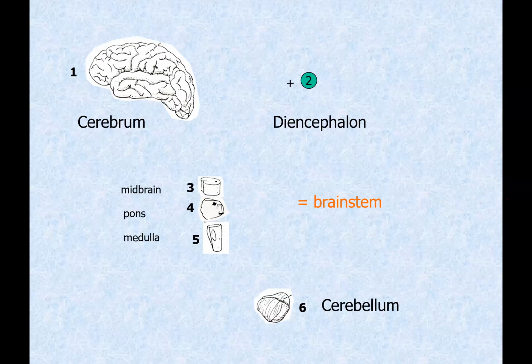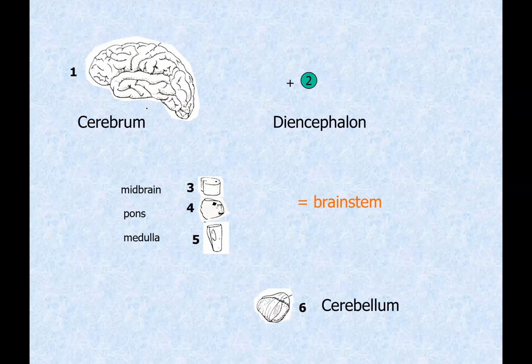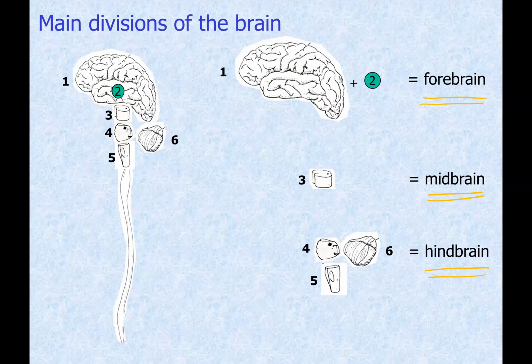Now, in this classification, forebrain is also called cerebrum. The forebrain consists of the two large cerebral hemispheres on either side, left and right, plus a small area hidden inside the two cerebral hemispheres in the center, which is called the diencephalon.